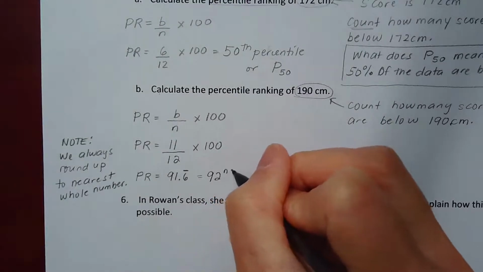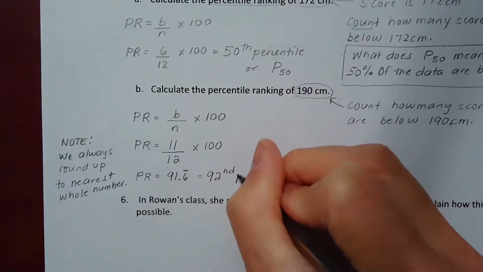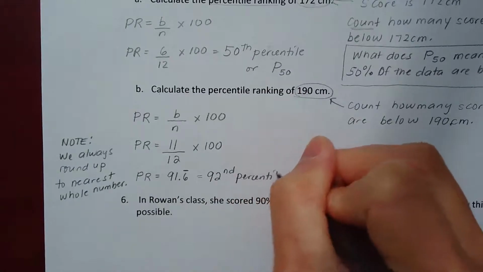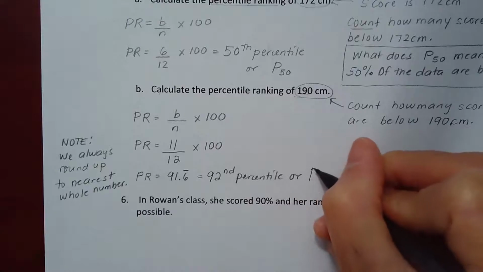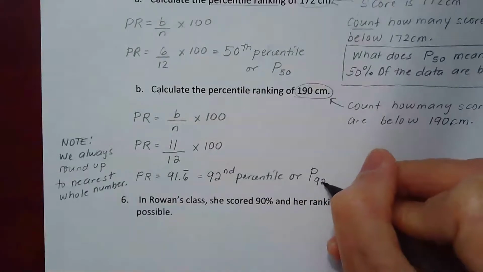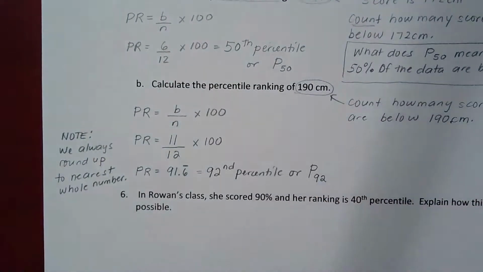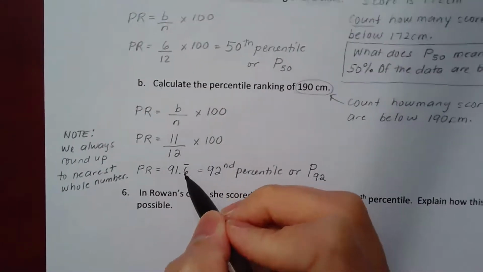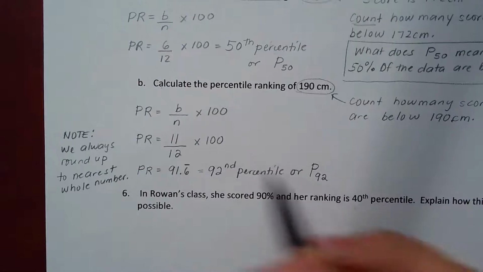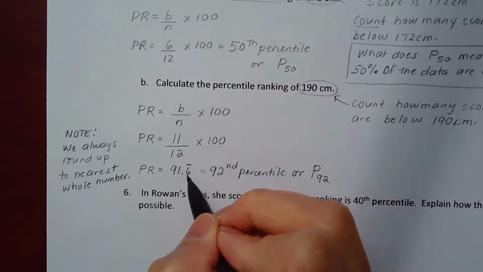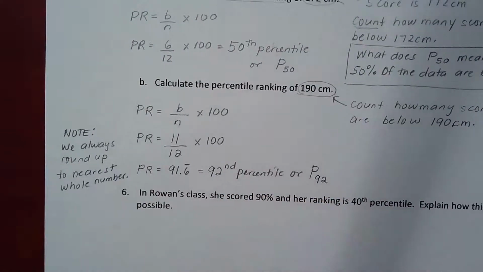You can write down 92nd percentile, or you can go P92. So we always round up. It doesn't matter what the decimal is. If this is 91.1, we still round it up to 92. If this is 91.4, we still round it up to 92, 92nd percentile.